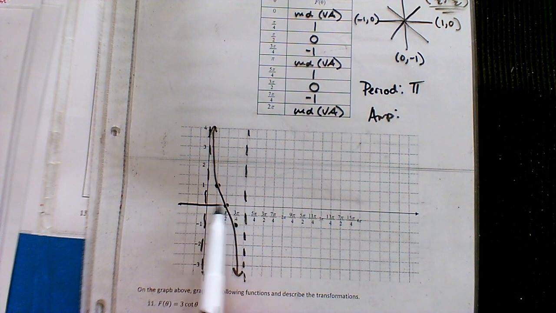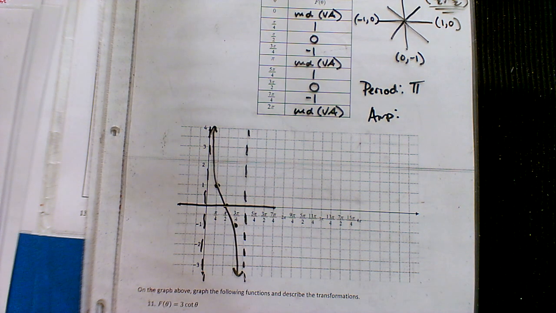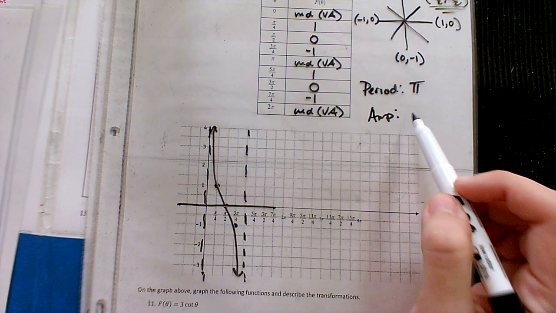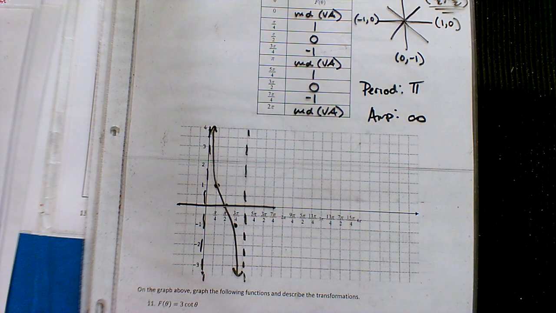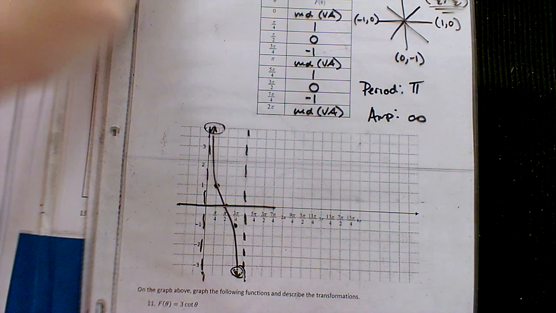From the baseline or the middle? How far up or down you go? It'd be infinity. Yep. Whenever you have maxes or mins or those vertices like we saw last week from those parabolas, you can count up to those points. But for tangent and cotangent, notice how we can go up and down forever. So those are the infinity ones. Good job.